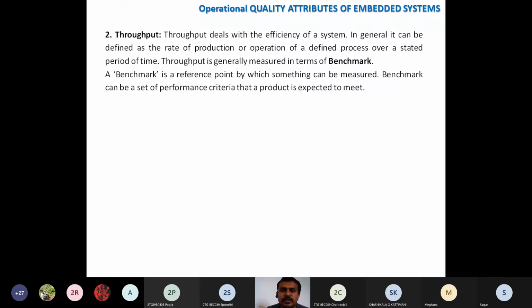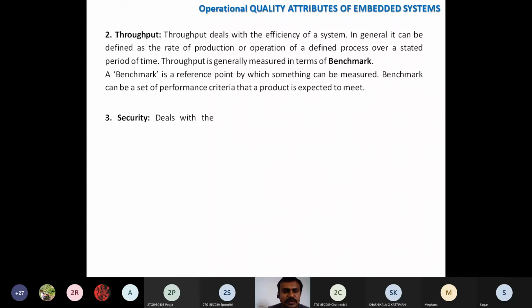By having this benchmark, we analyze the efficiency of the system, that is nothing but the throughput of the system. A benchmark can be a set of performance criteria that a product is expected to meet. So this is one of the performance criteria where we are trying to meet that benchmark, which is nothing but the efficiency of the system, the throughput.